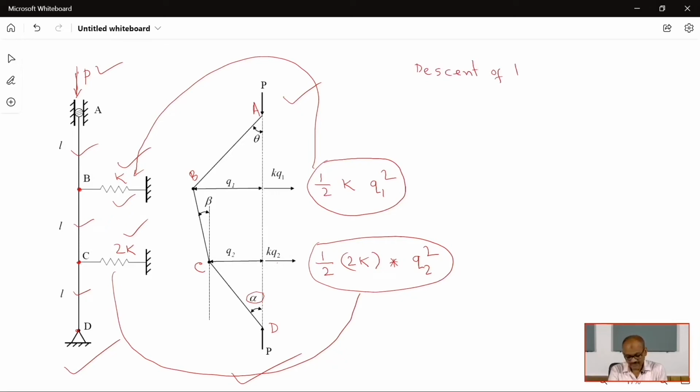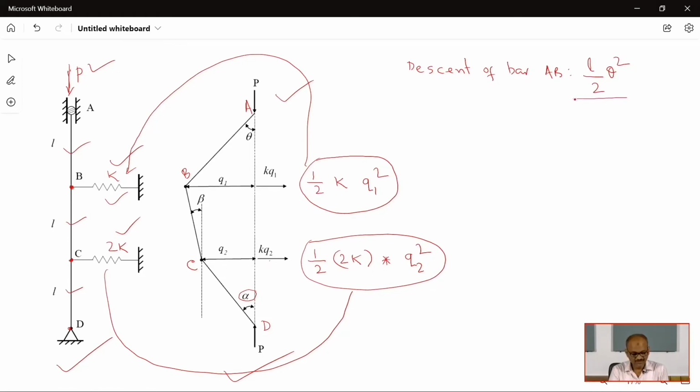Let me write down the external work done due to descent of bar AB: it is L by 2 into theta square. This we have already discussed.